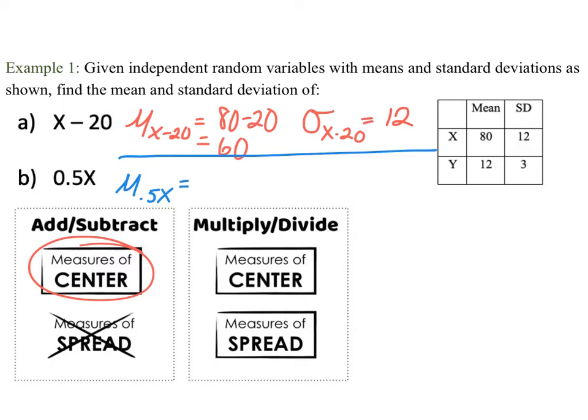Multiplication and division, you can see here, affect both measures of center and measures of spread. So 0.5 times 80 would be 40. And for my standard deviation, I'm going to take 0.5 times 12 to get 6.